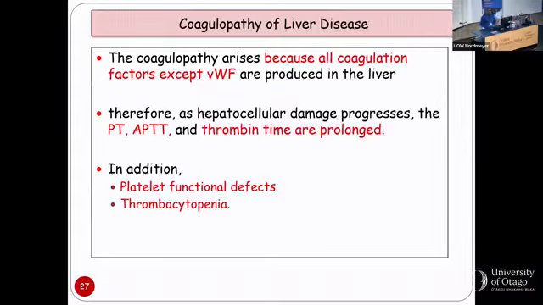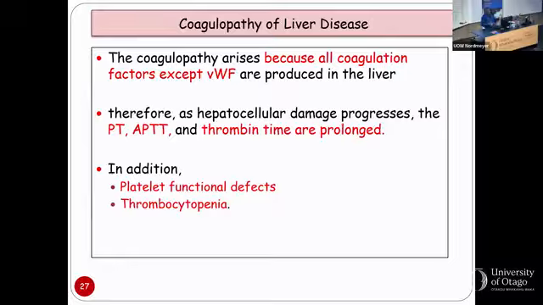So now, when the liver is progressively or chronically faulty, it means we can have all of these things prolonged, like we talked about a while ago, except that we won't have the thrombi.